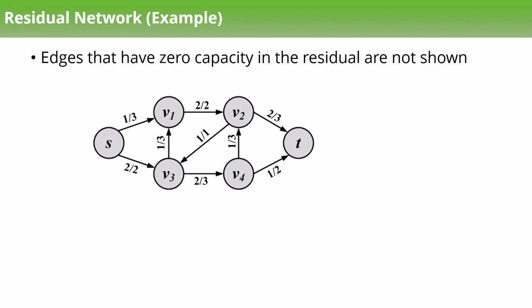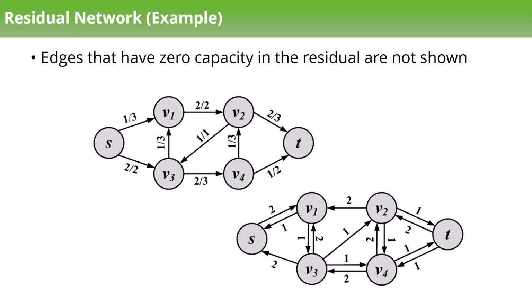This is the residual network example. The left graph is the original graph, the right graph is the residual graph, containing remaining forward capacity and reverse capacity for cancelling flow. Edges with zero residual capacity are hidden because they are useless.